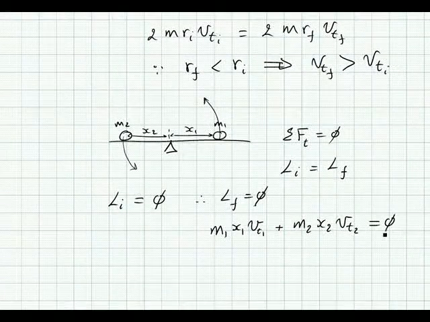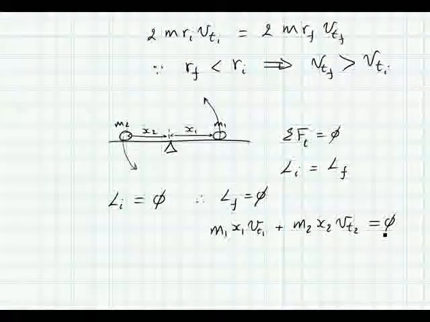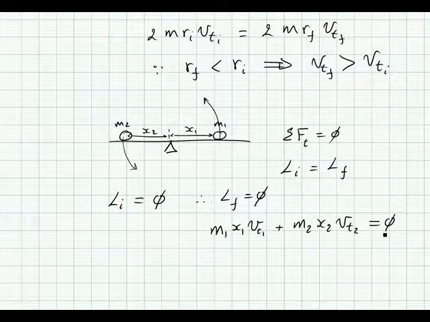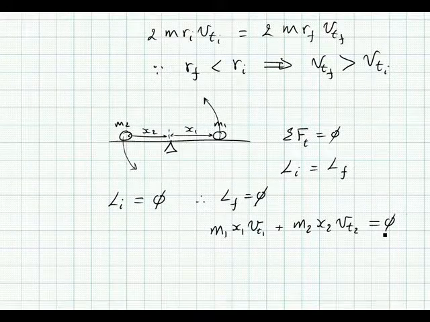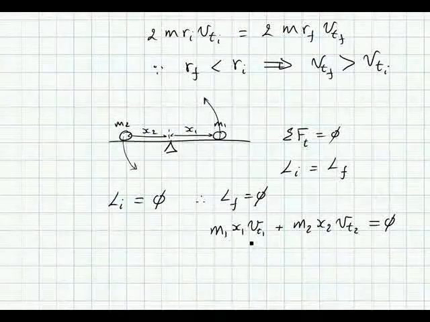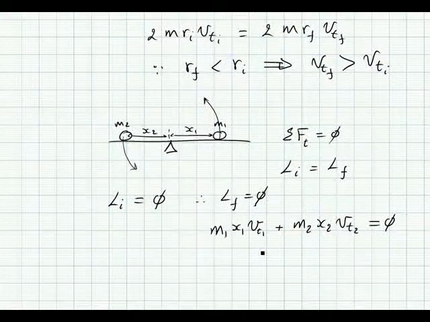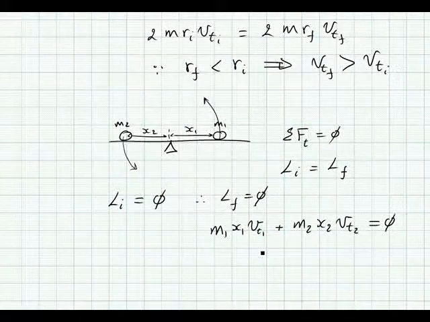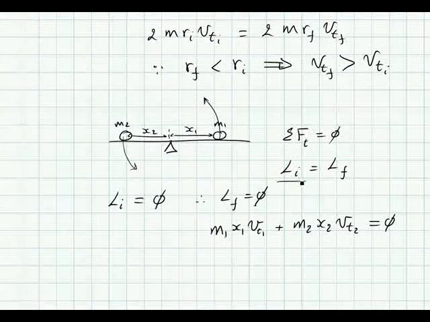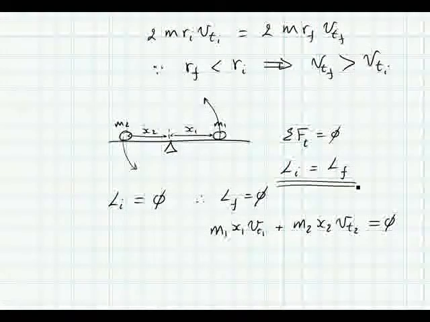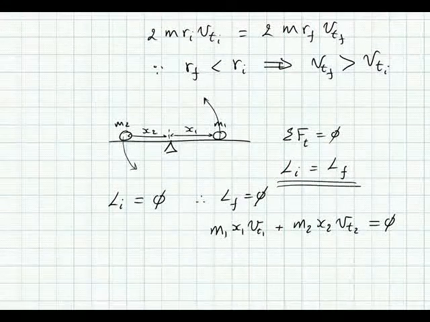So the sum of the two must equal 0, and I believe the velocity for one of the persons is given, so it's a trivial matter to figure out the other velocity. But the way to go about solving a problem like this is by using a conservation of angular momentum argument.